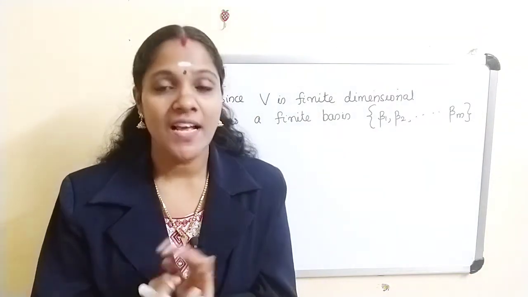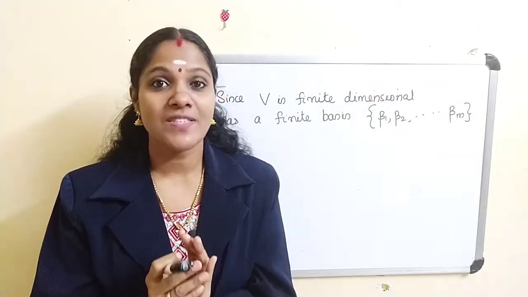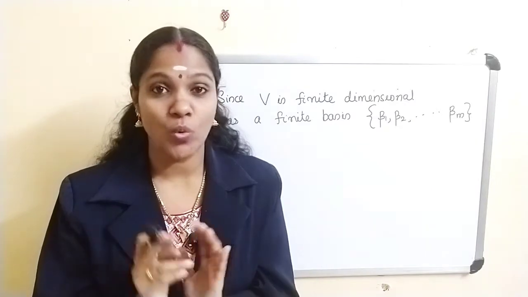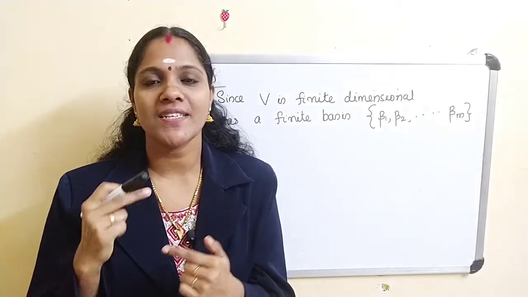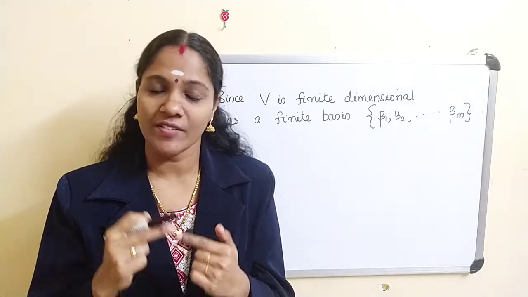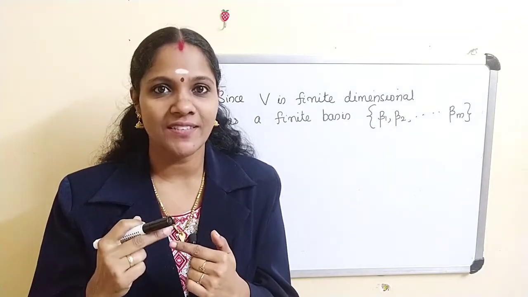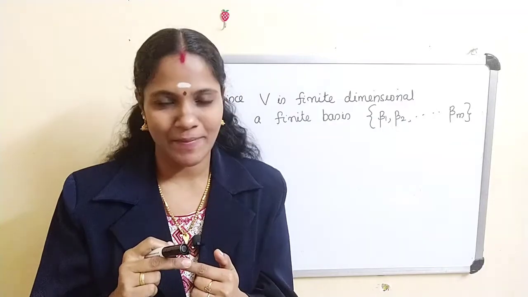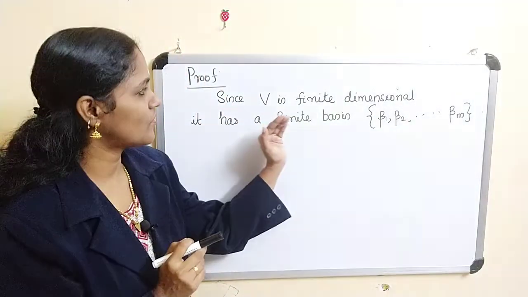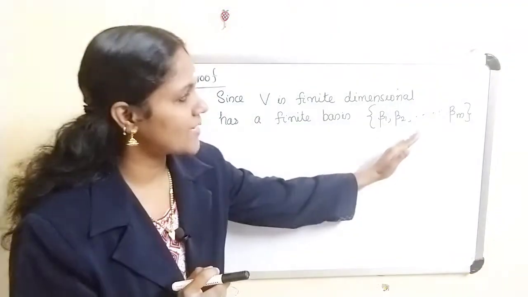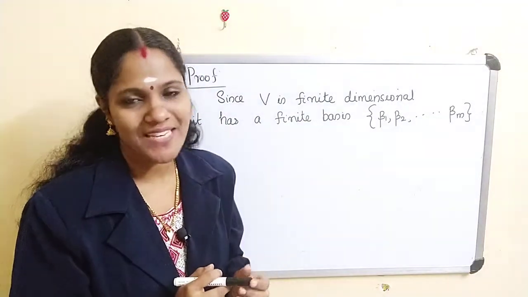Our theorem says: let V be a vector space spanned by beta 1, beta 2, etc., beta m, then any linearly independent subset of V is finite, and it contains not more than m elements. Clear? So here, as V is finite dimensional, it has a finite basis beta 1, beta 2, etc., beta m.